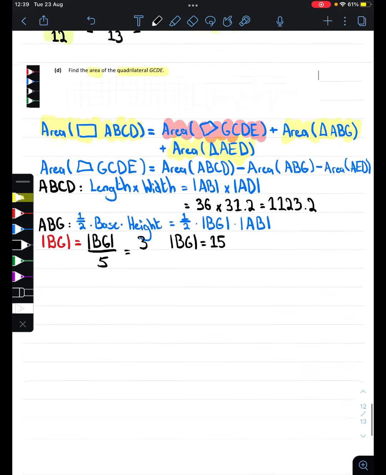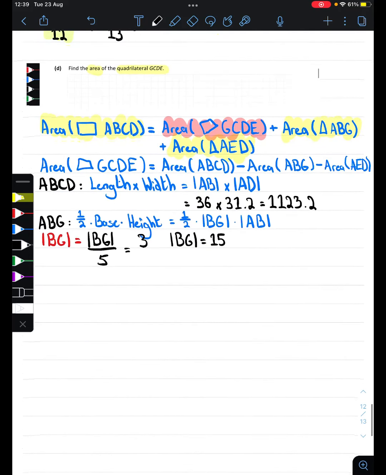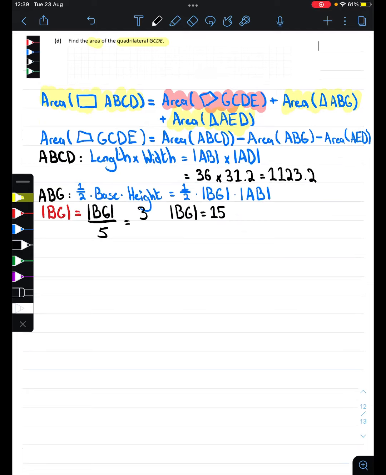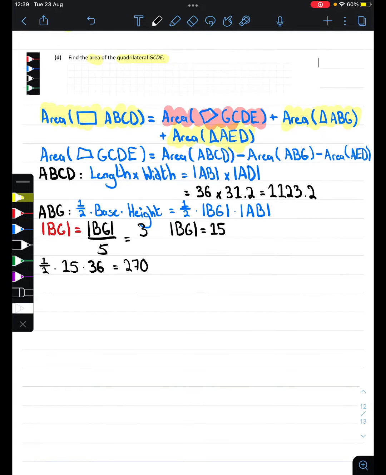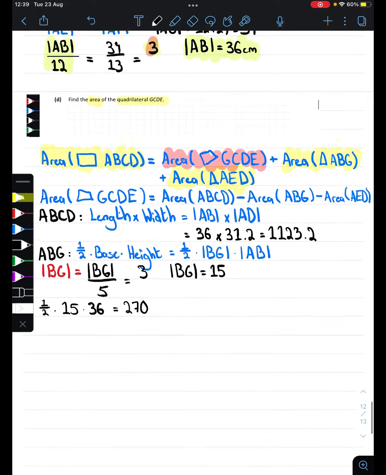So the area of this triangle is half by 15 by 36, the length of AB, which is 270. So that's the area of ABG.